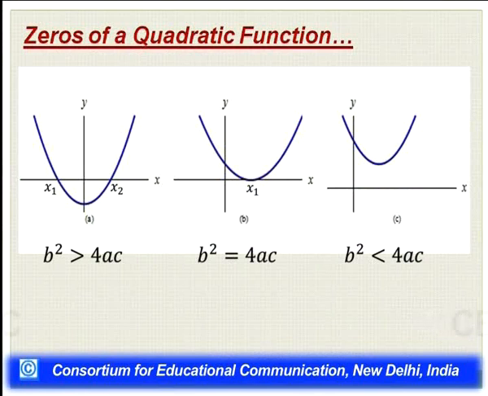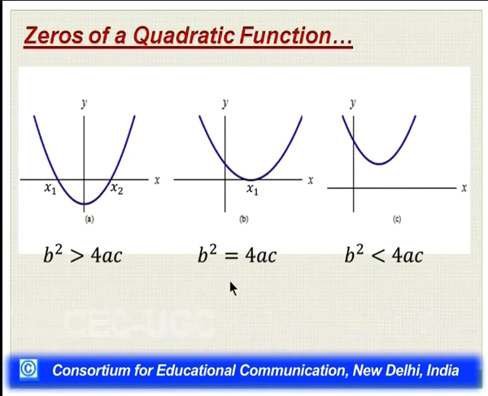Okay, let's also get a visual sense of things as far as the zeros of a quadratic function are concerned. So here on this slide, I have shown you three parabolas that open upwards, all of them open upwards. And there are three cases here. So the first one is b square minus 4ac strictly greater than 0.